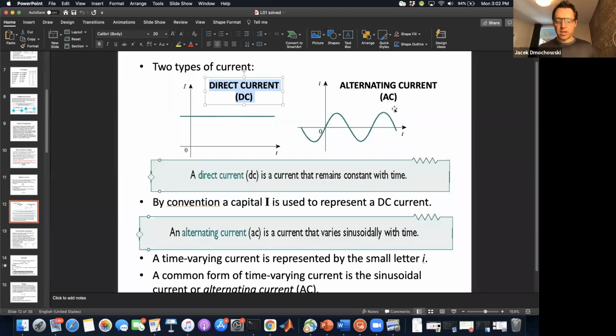Then alternating current: the way that this is taught in high school is that the current goes one way, then reverses, then goes back. Really what they're trying to say is that the current is sinusoidal. So the current in your home electrical systems is sinusoidal.